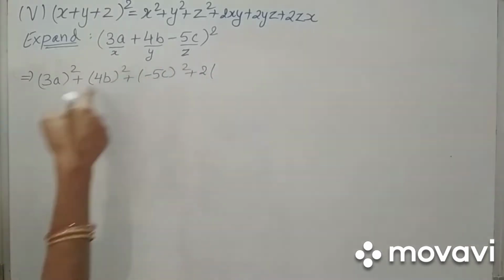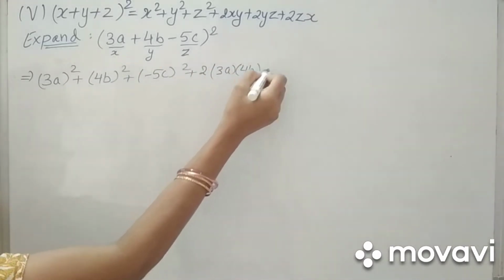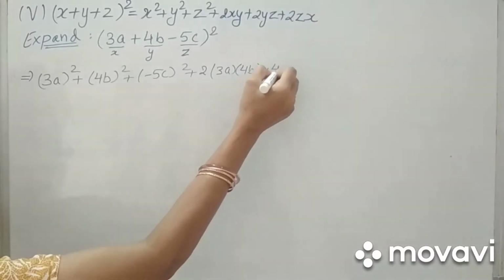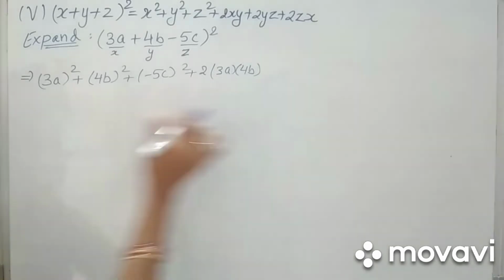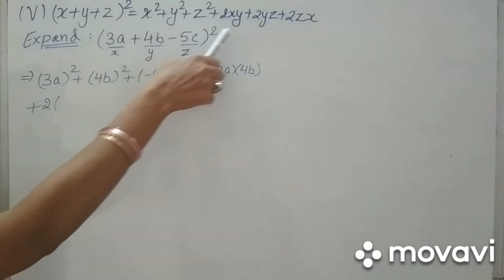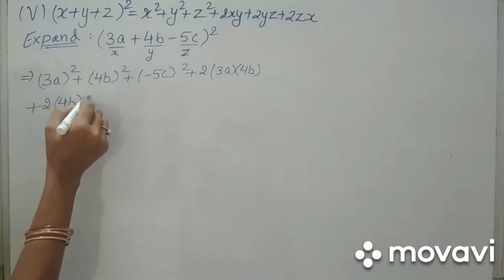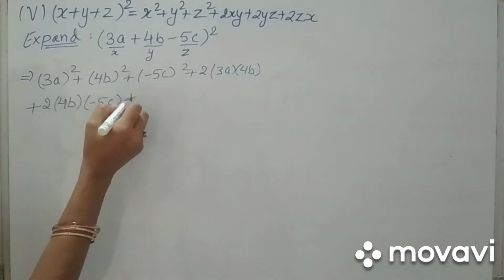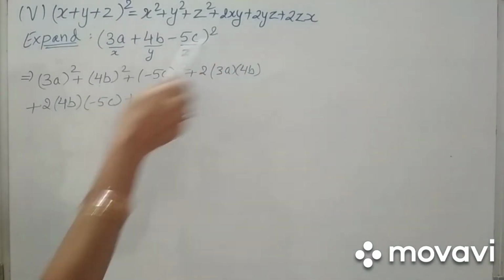Plus 2 into xy means 3a and 4b, plus 2 into yz, yz means 4b and minus 5c, plus 2 into zx.